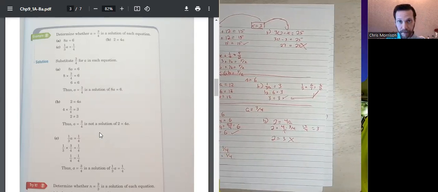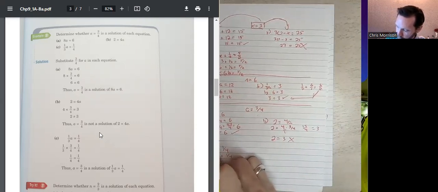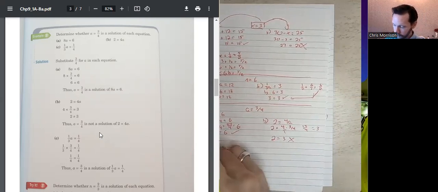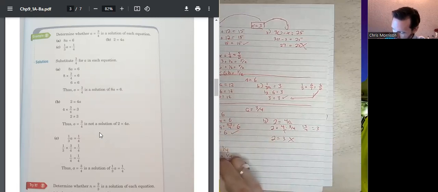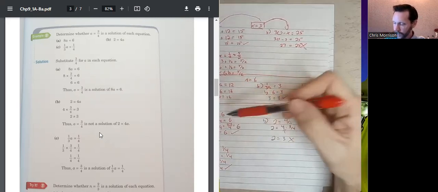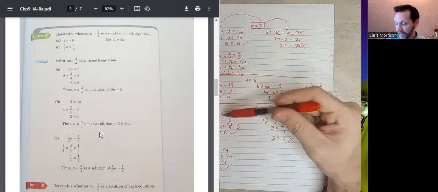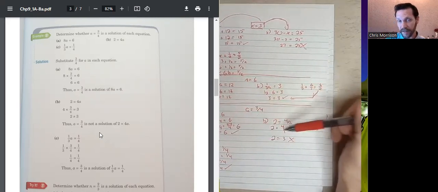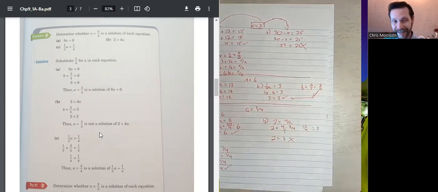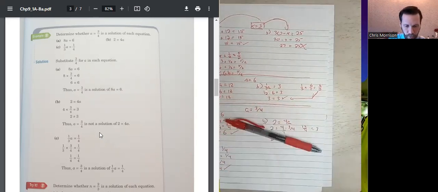What's 4 times 3? 12. And let's just now reduce. How many times will 3 go into 12? Well, 3 will go into 3 one time, and 3 will go into 12 4 times. So that's how we're reducing. Does 1/4 equal 1/4? Yes, it does. So 3/4 is a solution to A. 3/4 is not a solution to B. 3/4 is a solution to C.